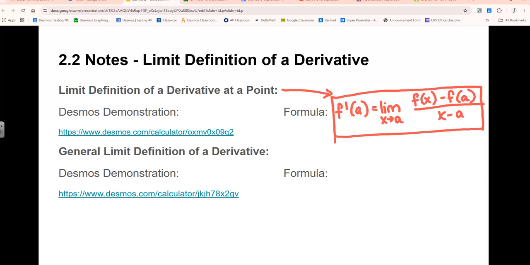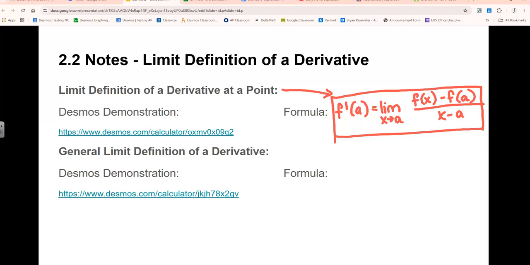But on that last slide that we looked at yesterday, we started to see some of the limitations of this because it only works for a single point. So if I want to find f prime of 2, but I also want to find f prime of 5, and I also want to find f prime of 6.3, I've got to do that process over and over and over again, right? And it is not necessarily the most helpful.